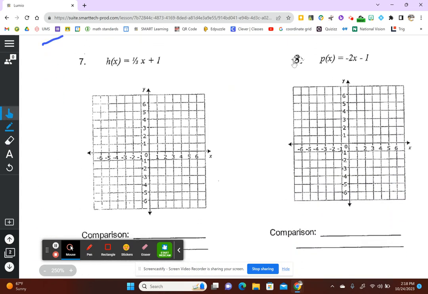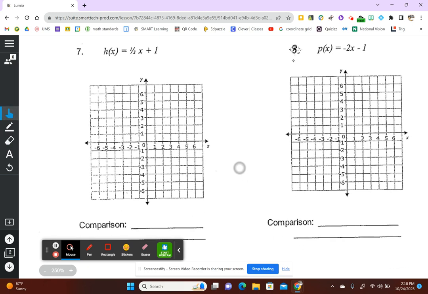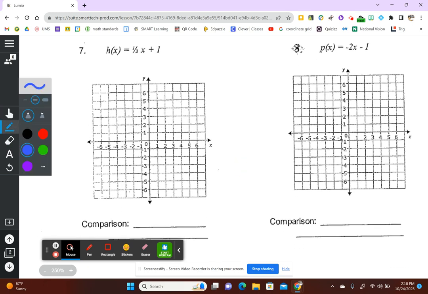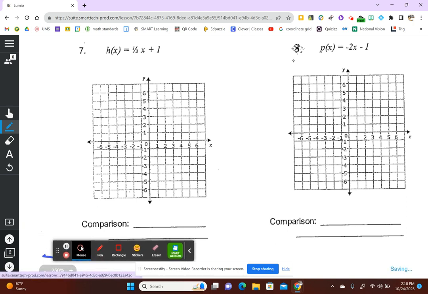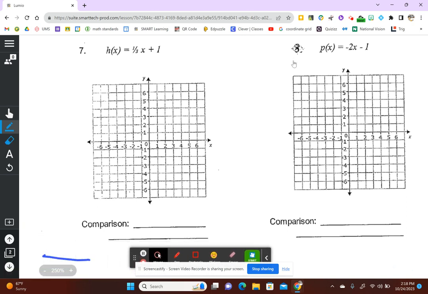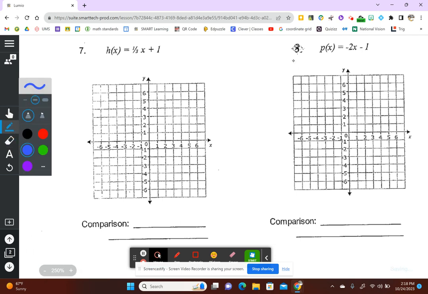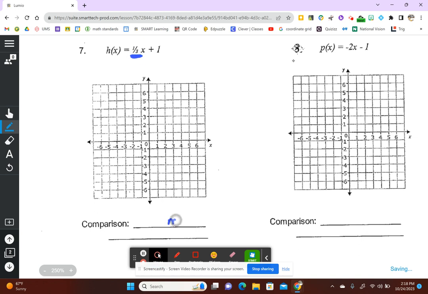Now let's look at the last two, and the last two do a bunch of combinations. So let's write down what the transformations are first before we even graph anything. Here, because the slope is 1/3, the absolute value of m is in between 0 and 1, that's a vertical shrink.